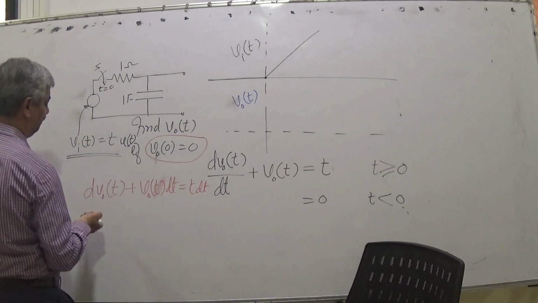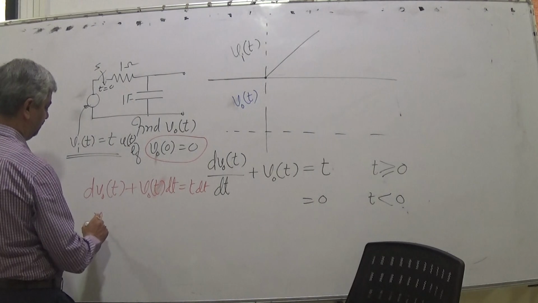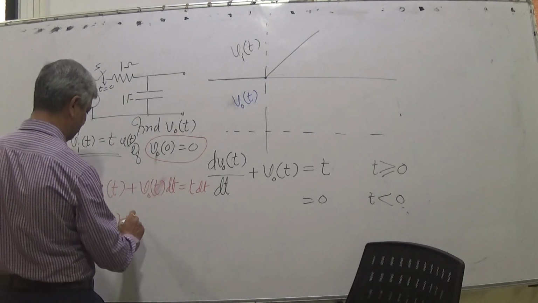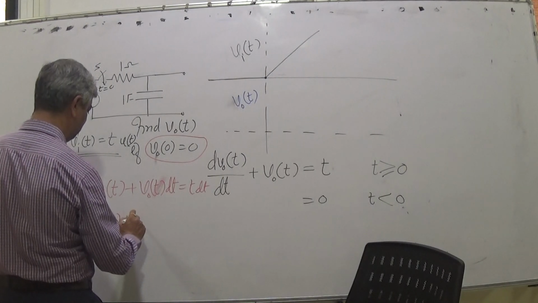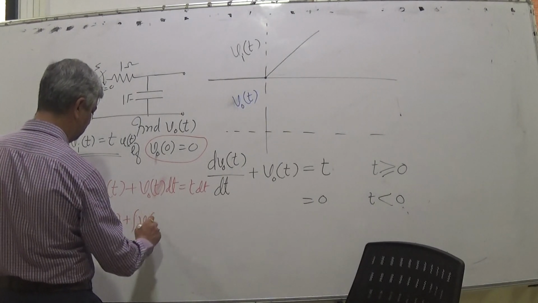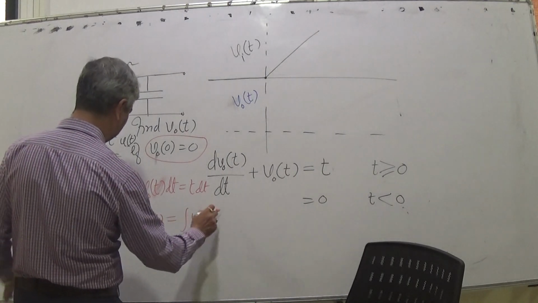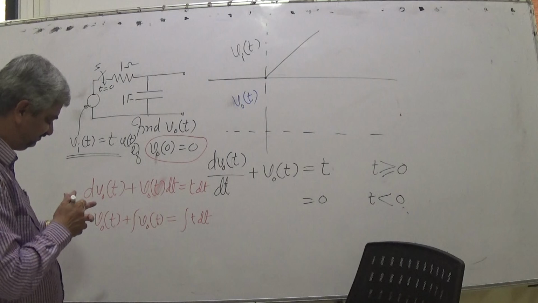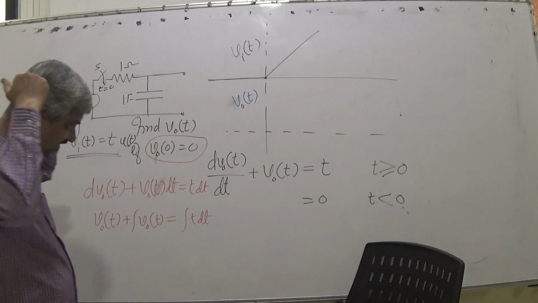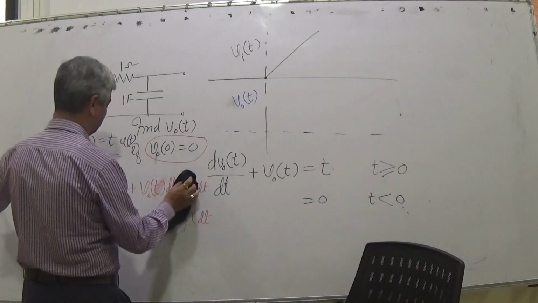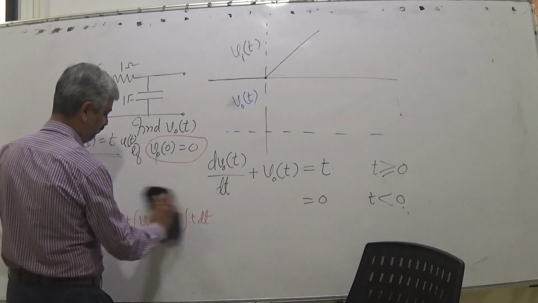Now if you integrate everything, this will become VOT. I'm just doing this wildly, not classically. Plus integration VO dt is equal to integration t dt. Again, it becomes something which I can't immediately get rid of. I can't jump to the answer directly. So this is also of no use.